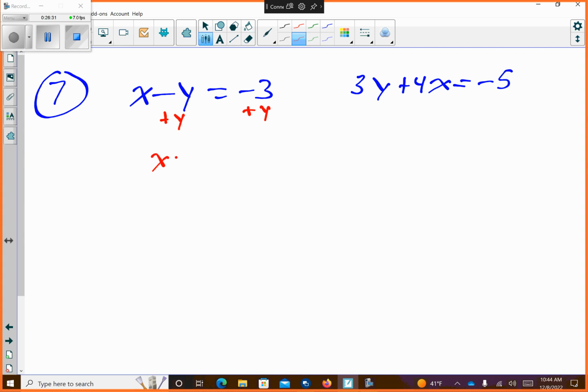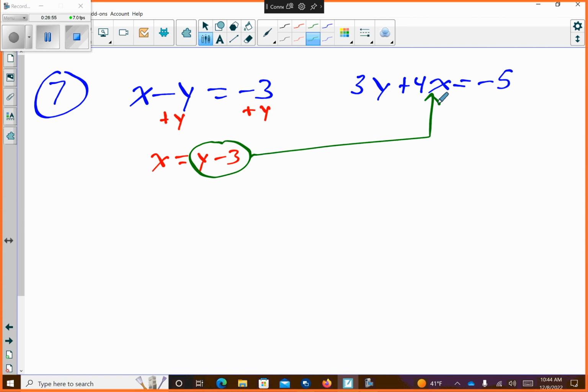And I get this. Do you think that's an okay move to do? Now do I have a letter I've solved for? What should I do with y minus 3? Should I plug it into the original one right above it, or should I plug it into the other one?